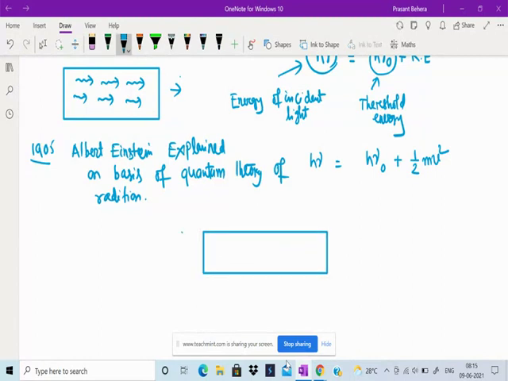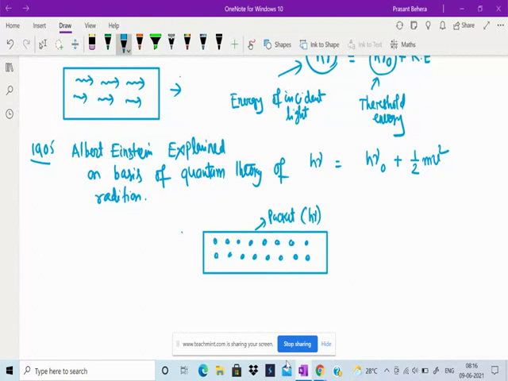This is a small packet, a discrete number of wave packets. Each packet of energy is called the photon, h nu.